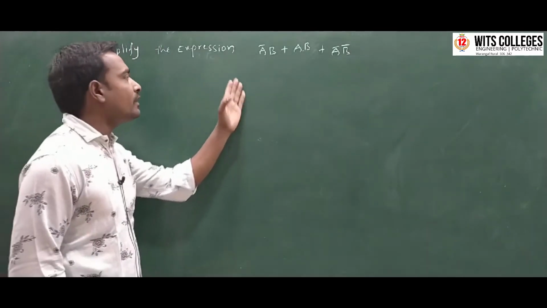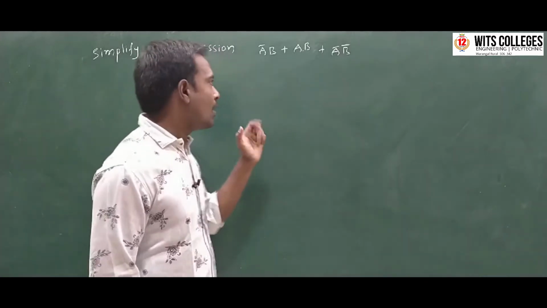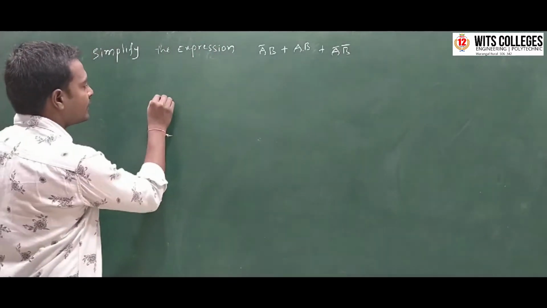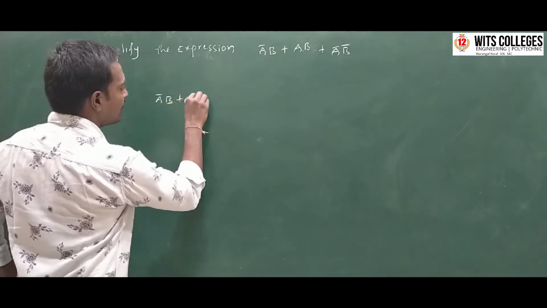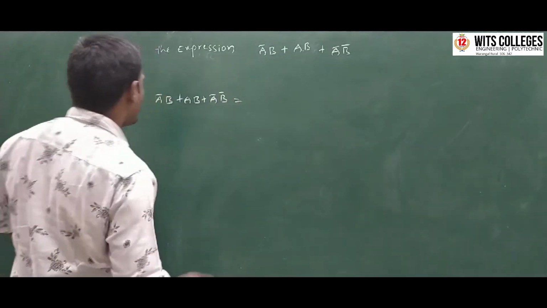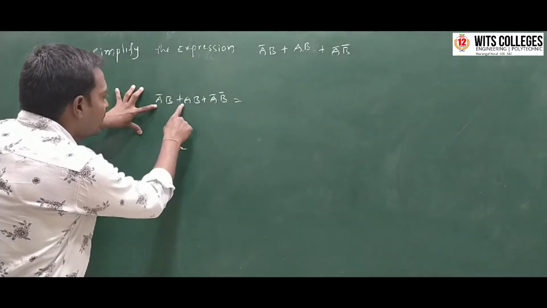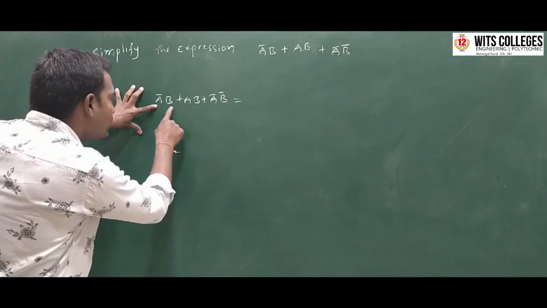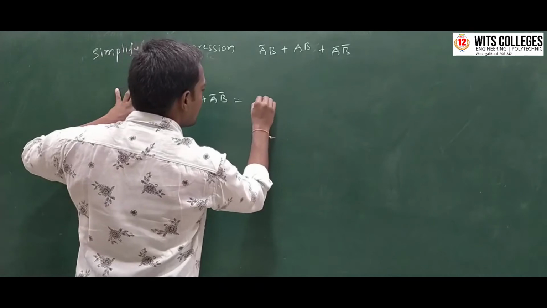Simplify the expression ĀB + AB + ĀB̄. The given expression is ĀB + AB + ĀB̄. Here, in ĀB + AB, B is common, so I am taking B as common.